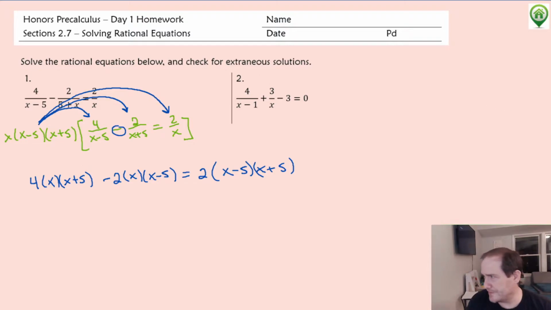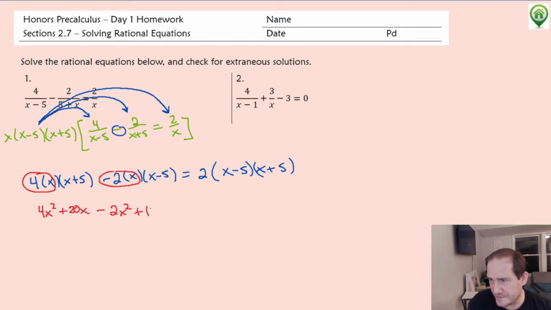So to solve for this, we just expand everything. So here, basically, just put the 4x together, distribute it. You'll get 4x squared plus 20x. Here you're distributing the negative 2x. So you'll get minus 2x squared and plus 10x. And here, this, of course, is x squared minus 25.